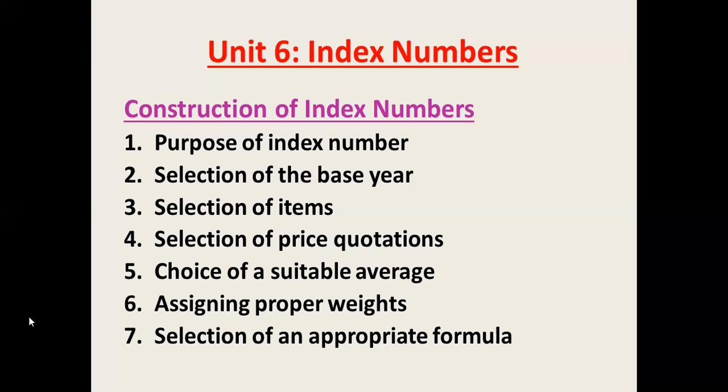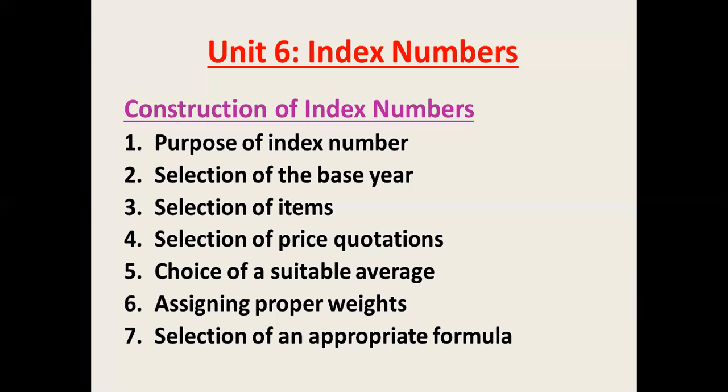For example, in the construction of price index numbers, it is impossible to include every commodity. The commodities selected should represent the tastes, habits, and customs of the people. Moreover, they must be broadly representative of the group of commodities. They should also be comparable, in the sense that standard or graded items should be taken.